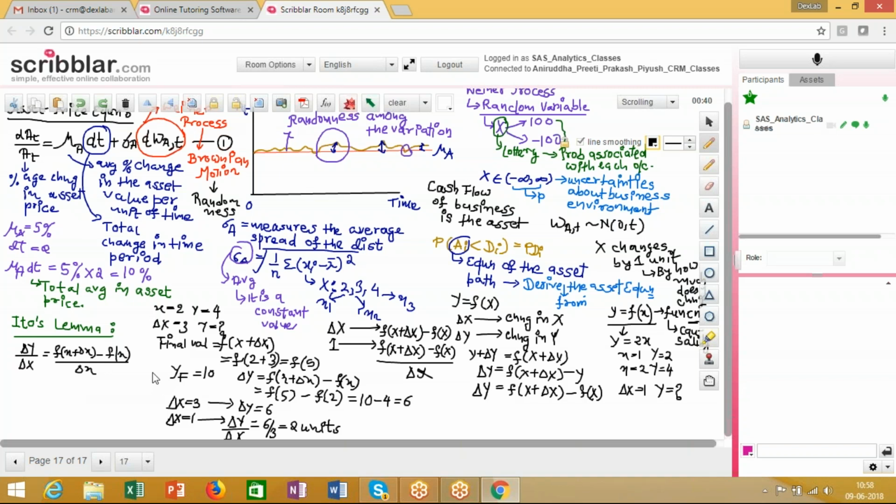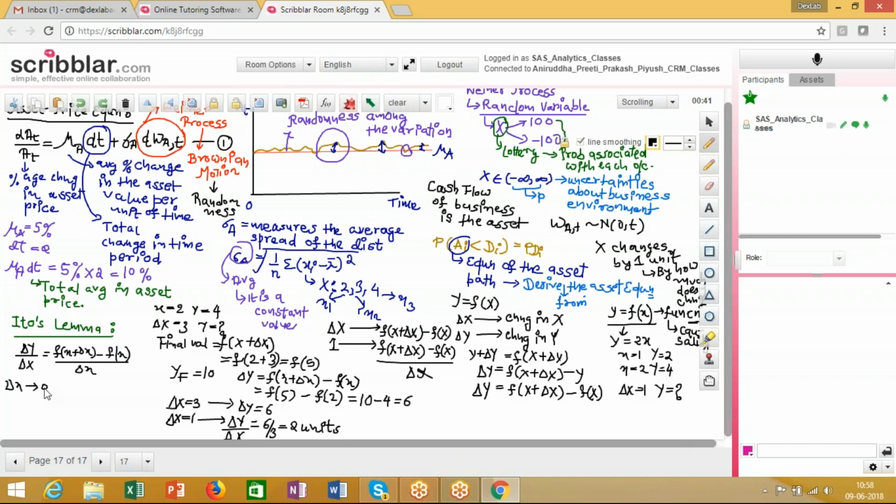So this shows the rate of change of y corresponding to 1 unit change in x. Now in the example that I have used, x changes by a large amount. It's quite a large change. However, if the change in x is very small, if delta x tends to 0, right?